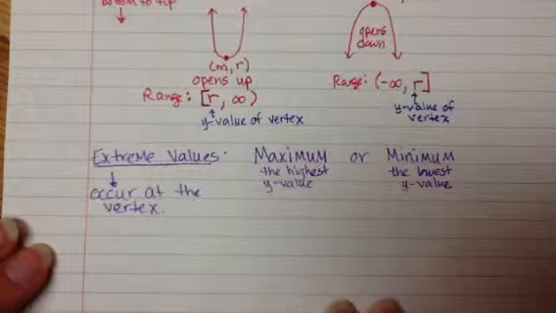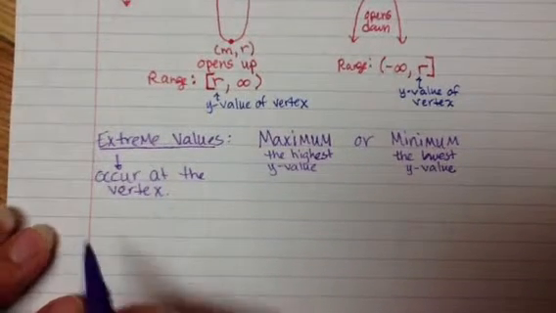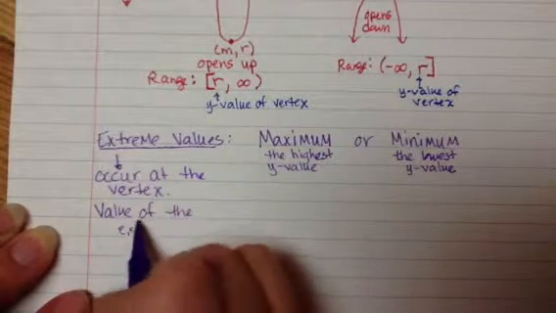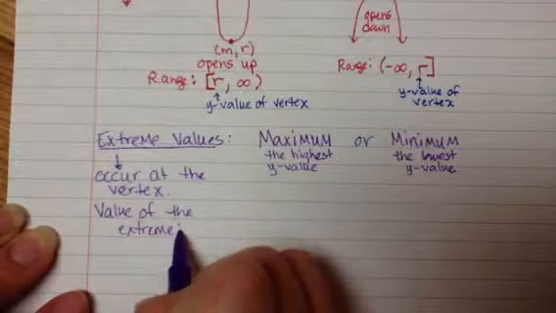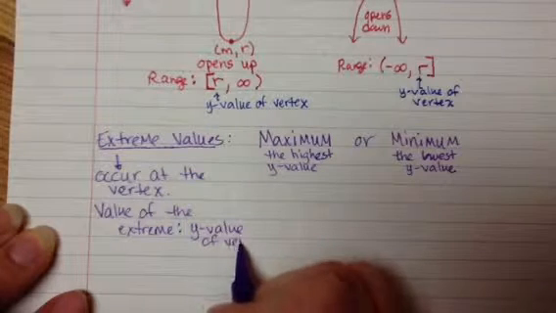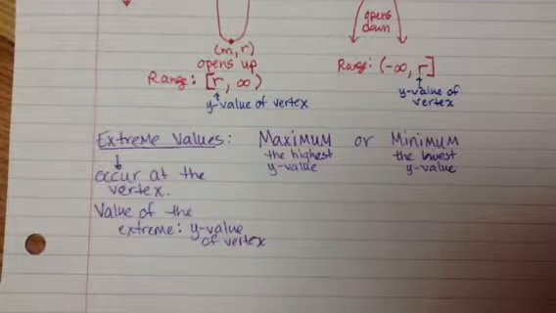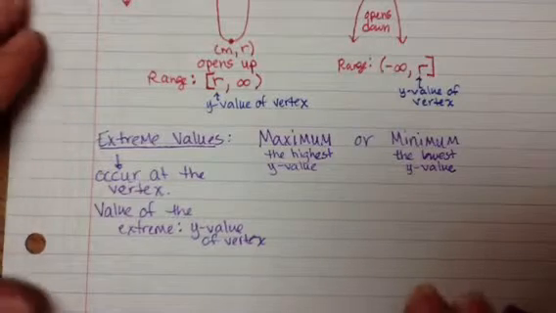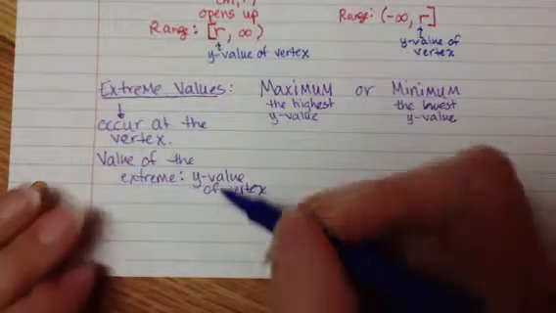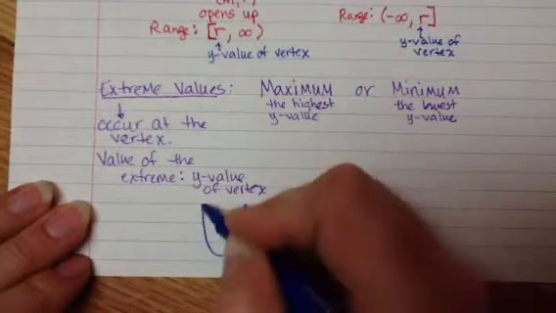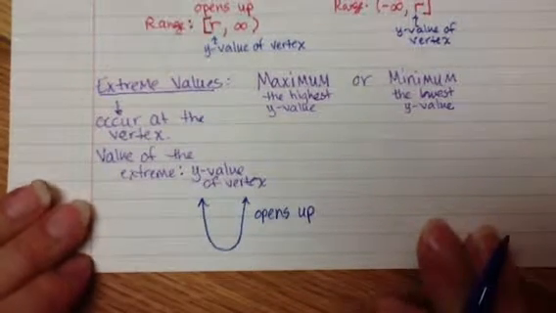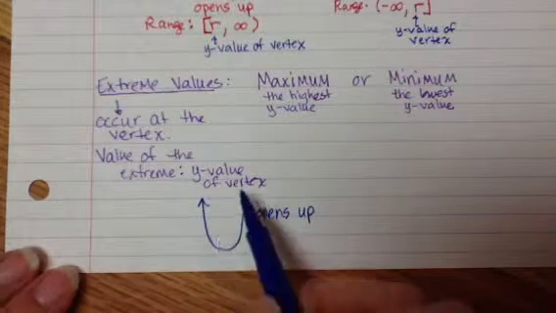What we're interested in is that the value of the extreme, whether it's a maximum or a minimum, is the y value of the vertex. Let's look at a parabola that opens up and a parabola that opens down. If your parabola opens up, then the parabola has a rock bottom.